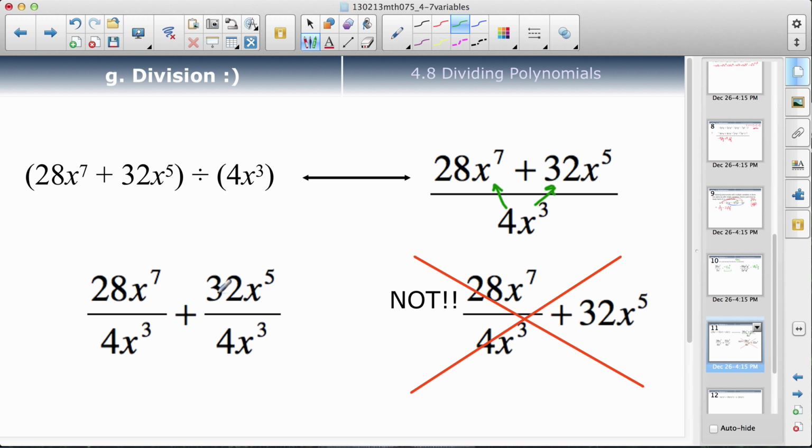So writing it like this is one way you could write it. So each of these terms on the top must be divided by whatever's on the bottom. So writing it like this is a good way actually of figuring out the answer. Don't, though, just divide this monomial into one of those things up at the top like I did here. That's inappropriate. You can't do that. That has to go into both of them.